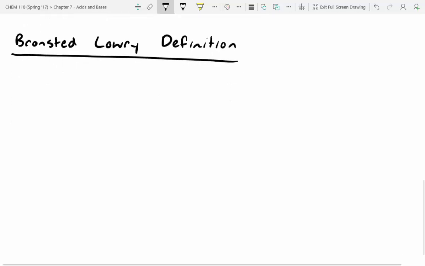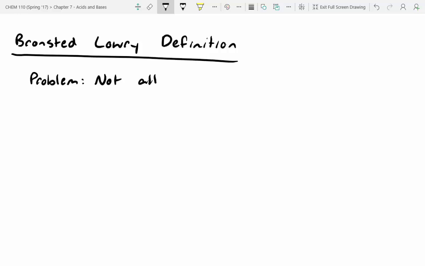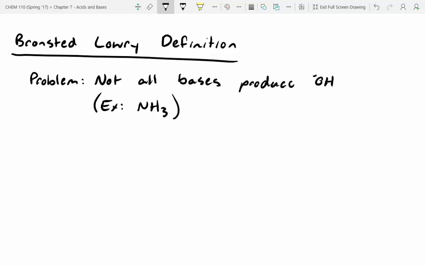The Bronsted-Lowry definition is a little bit more accurate than the Arrhenius definition. And it basically addressed the problem that not all bases produce hydroxide. An example of this was ammonia is a good base, but it's not something that contains hydroxide, therefore it can't produce it.